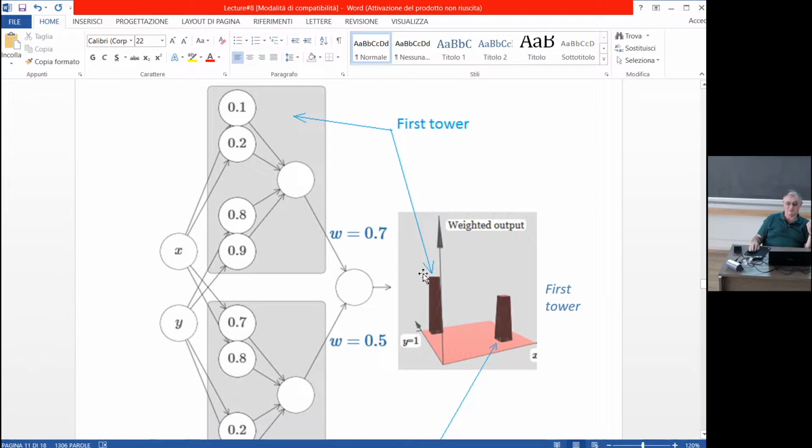So we have the first tower. Yes, the first tower. So this tower corresponds to this model, to this first upper model.